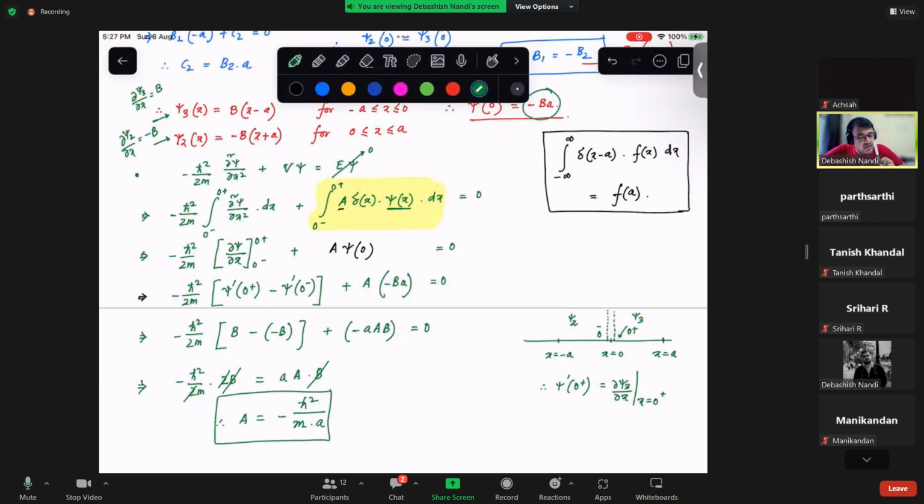Derivatives should be continuous, right? So do you see that from these two, the derivative is not continuous at x equal to 0? Then we are violating that, right? So can you throw some light on why that is happening?